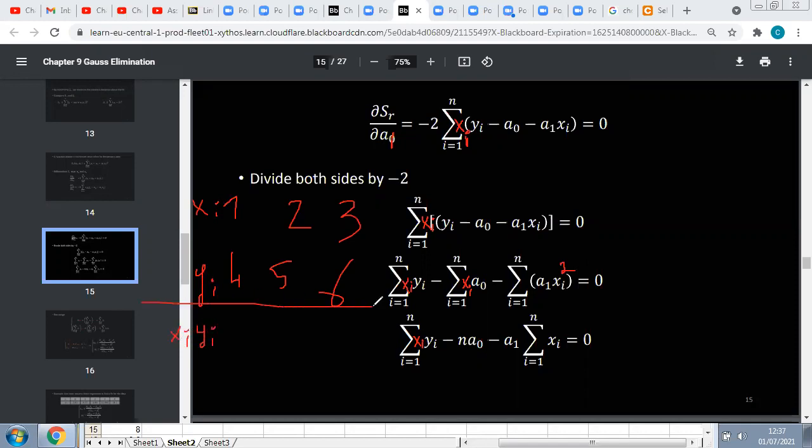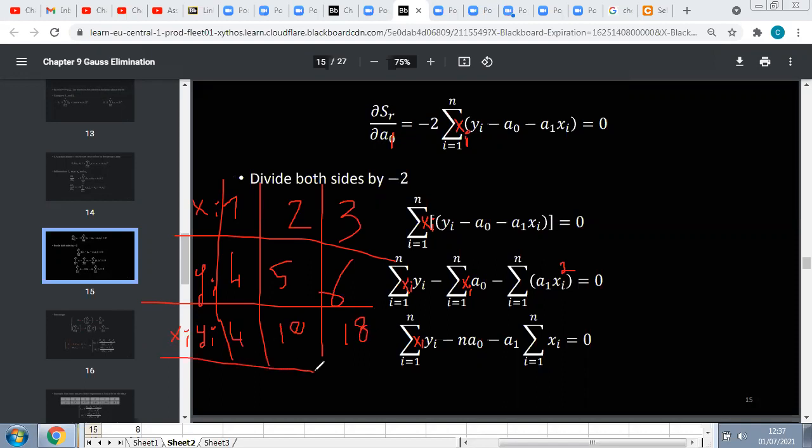The new line will be: 1 times 4 is 4, 2 times 5 is 10, 3 times 6 is 18. I got xi yi. Now I do the summation: 4 plus 10 is 14, plus 18 is 32. So this term I can replace by 32.